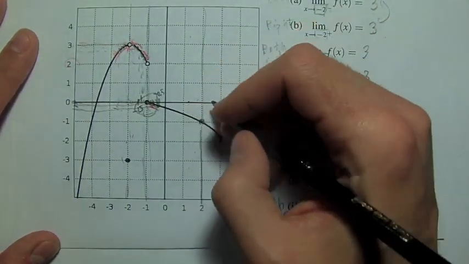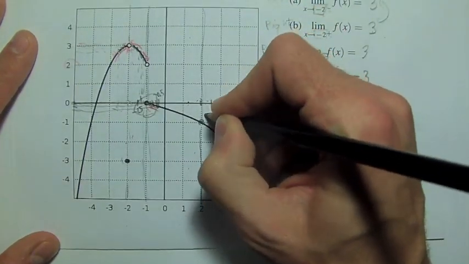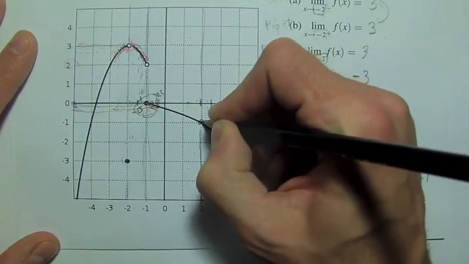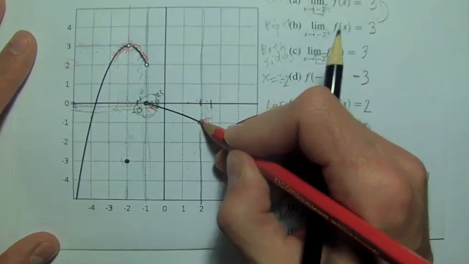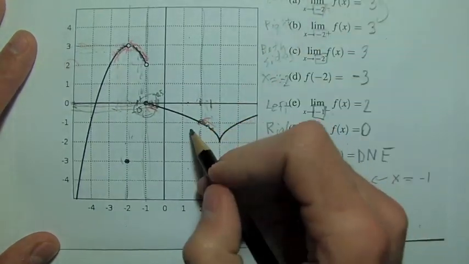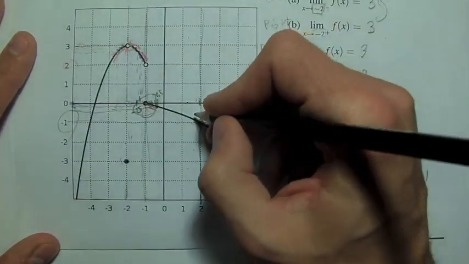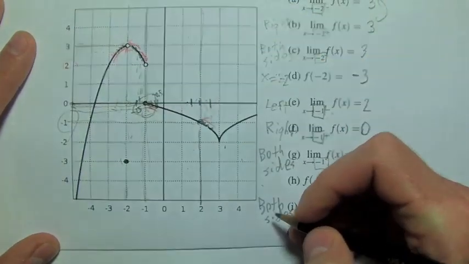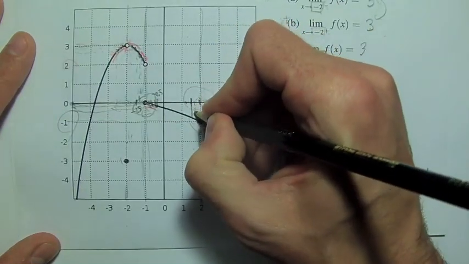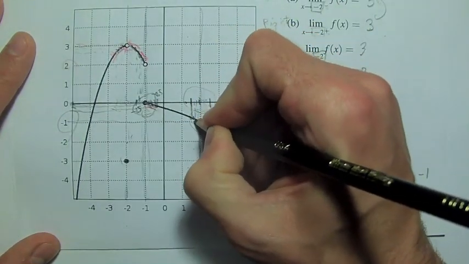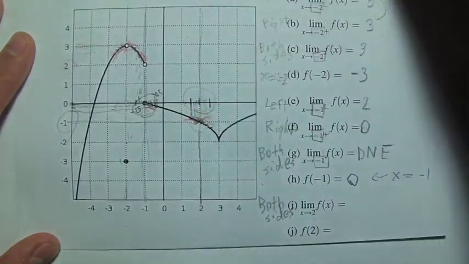So if I check from the right, because here's 2, if I start checking here and map down, we can see that the function gets closer and closer to this value right here, which is negative 1. Okay? And when I check from the left, so if I check maybe here, we're checking close, when I map these values down, well, they get closer and closer to this value, negative 1, as well.